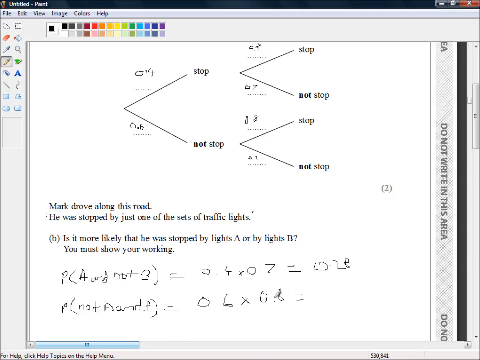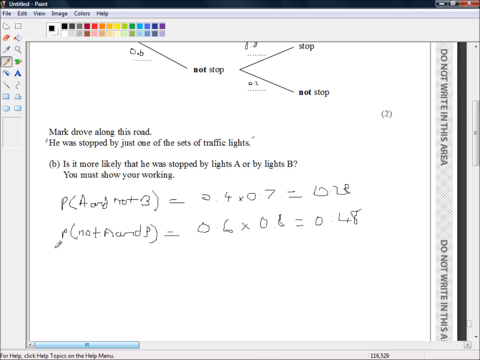We've taken the decimal point 2 places to the left. So that's 0.48. So again, whichever way we actually do look at it, the answer is going to be the same anyway. The answer is B. It has the higher probability. Okay, I hope that was helpful, and I'll see you in the next video.